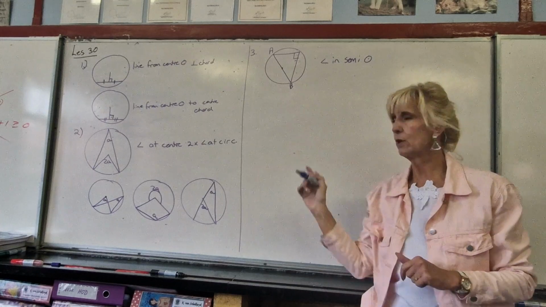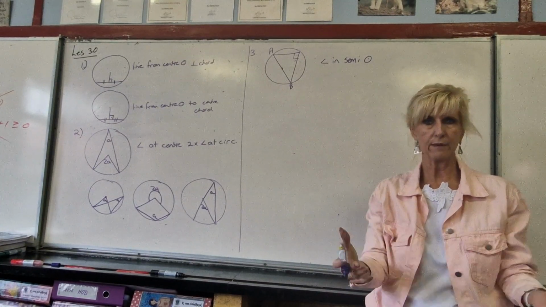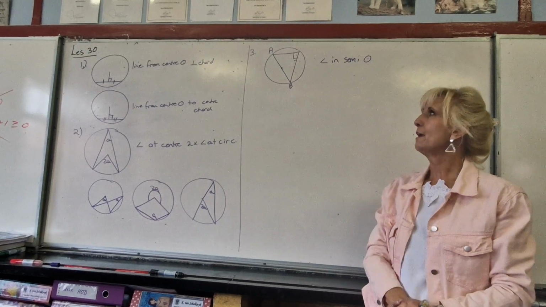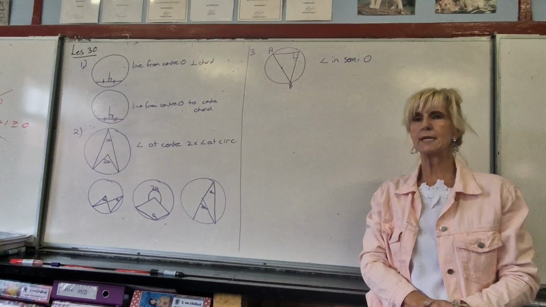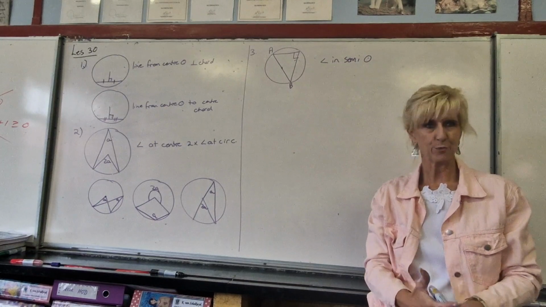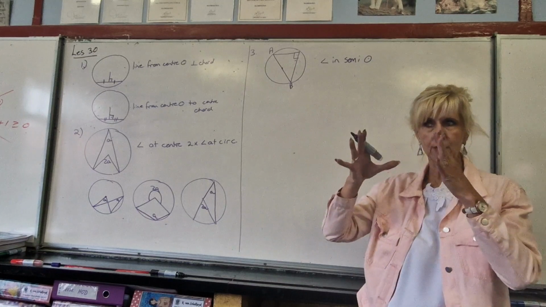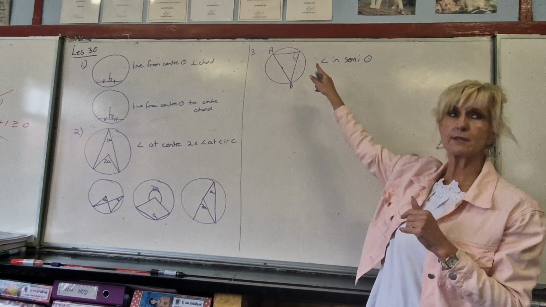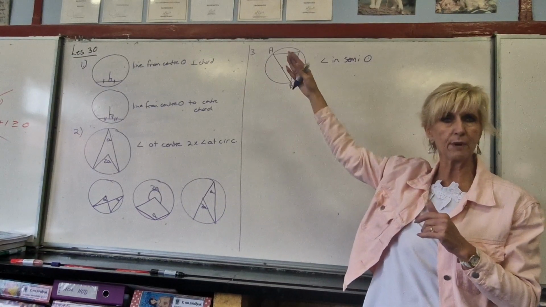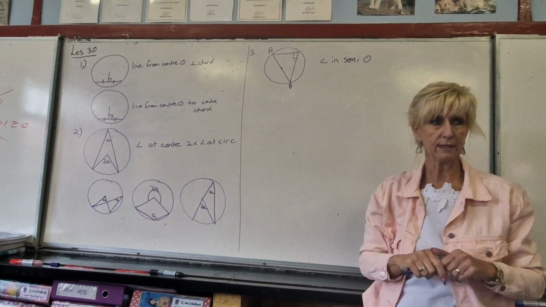Okay, please remember with all of them, you can still be asked, complete the following statement. If an angle at the circumference is subtended by a diameter, it will be 90 degrees. It's that one. Just the wording is a little bit different.